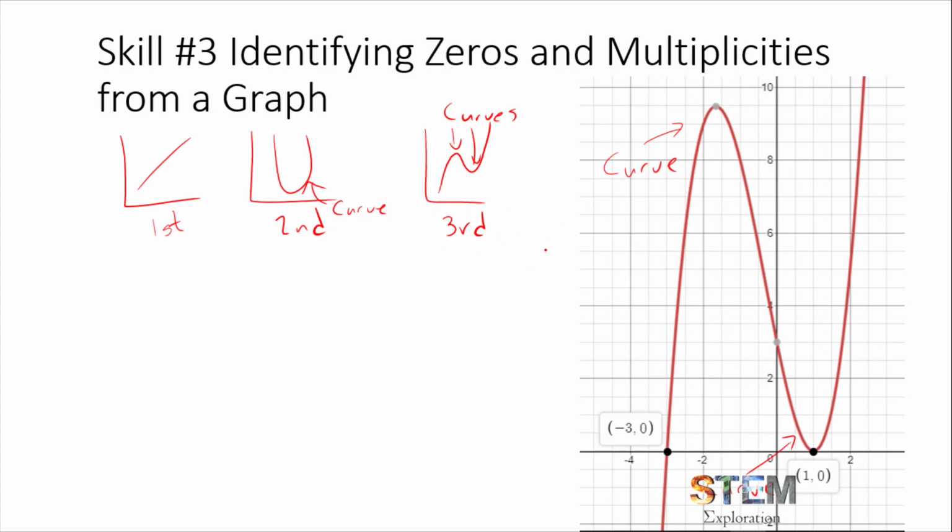So this is a cubic polynomial. And that is going to be the case for this specific model. So with that said, just by simple analysis of a graph, we can find some relatively useful information. Now, in a problem on your homework, I will tell you what type of polynomial you're dealing with, because this can sometimes be kind of hard, and then you know exactly how many multiplicities there should be.